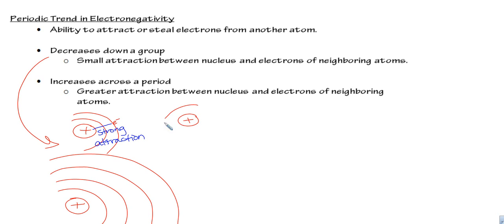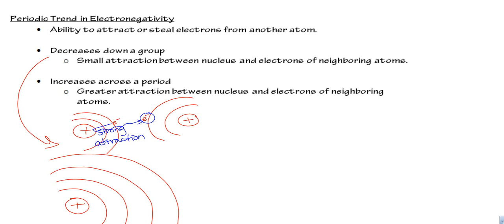We'll make him a relatively small atom, and he's got a little electron in there. So if you have a pretty strong attractive force within your own atom, you probably have a good chance of attracting not only your own electrons, but also electrons from another atom.